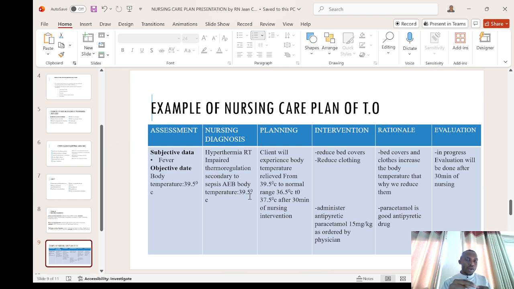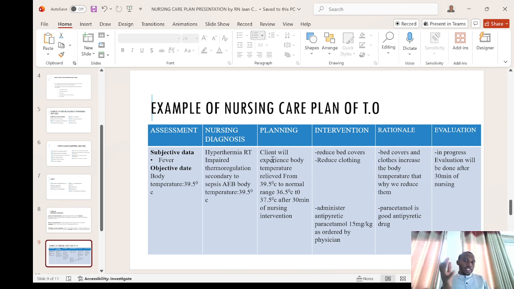What is the cause? And then after showing the cause, we will show the evidence. What is really the evidence that there is a hyperthermia? The evidence is that I measured the temperature and I found that it is above normal, here 39.5. So this is the nursing diagnosis part, and then you will show the planning part.